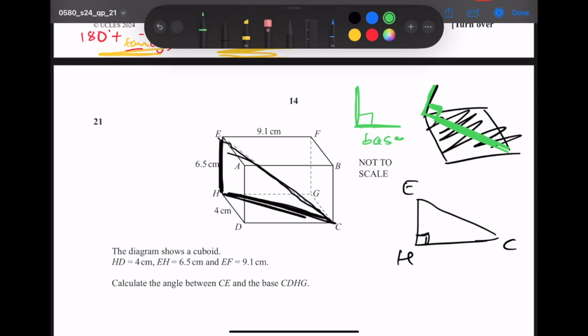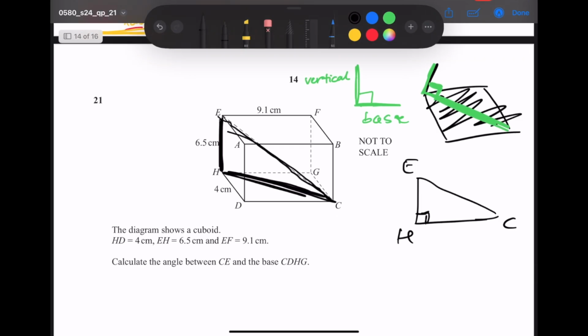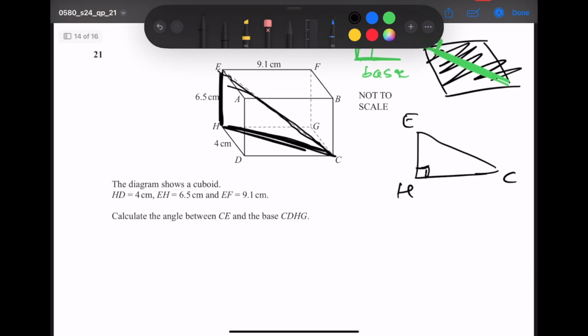This is base, this is vertical. So in this case, we have triangle ECH, where the line CH and HE produce a right angle triangle. So if you want to find the angle between CE and the base CDHG, it would just be this angle over here. So you can use the sin, cos, or tan rules depending on what lines we find.